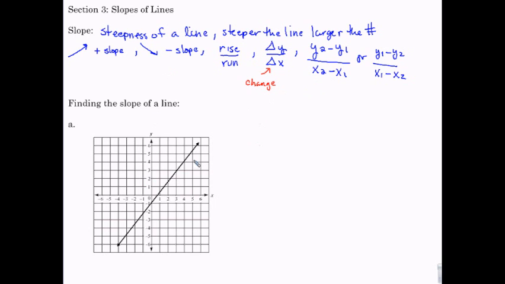Okay. Now, when you've got a graph, you don't have to do a bunch of calculating to find the slope. Step 1 is to find any point on the line.